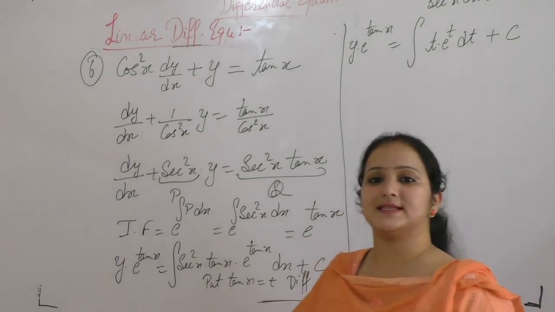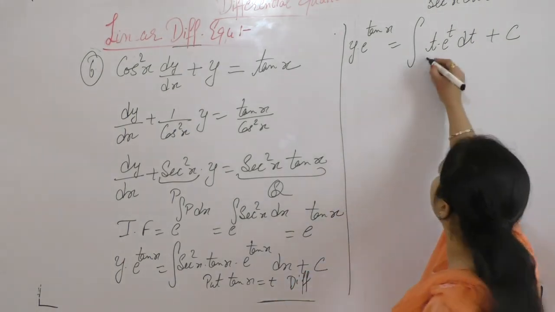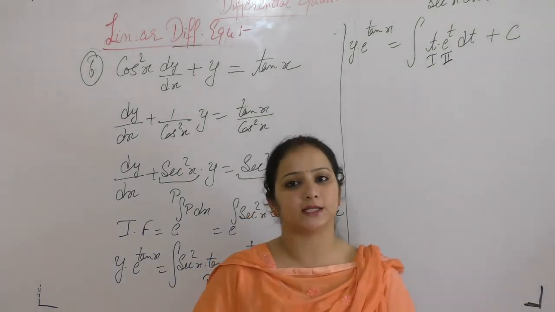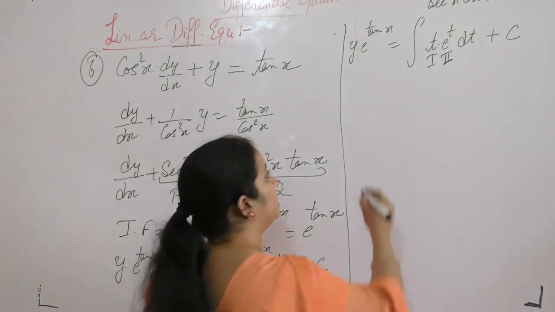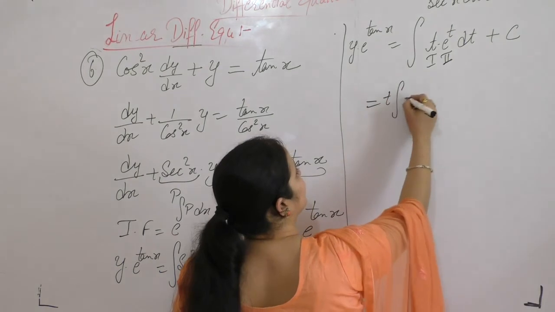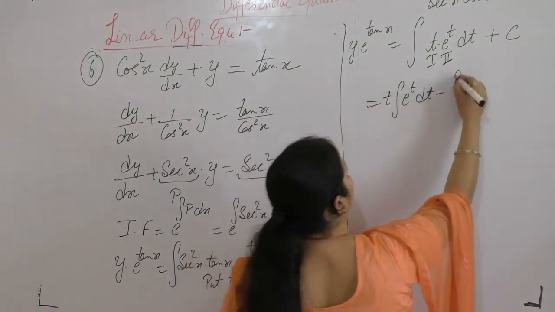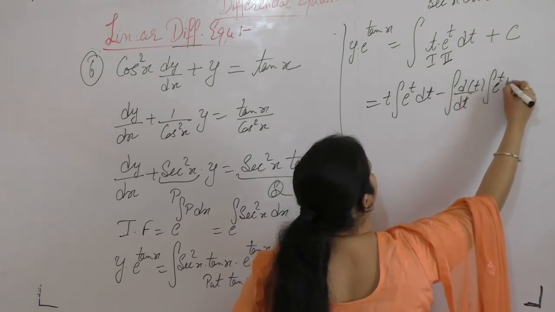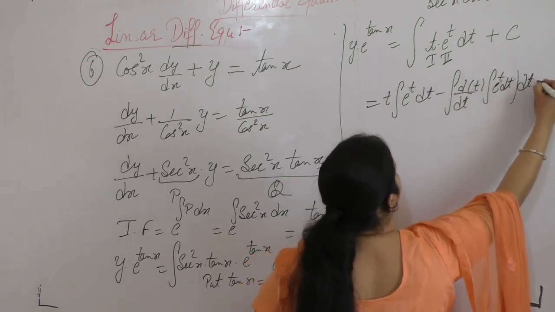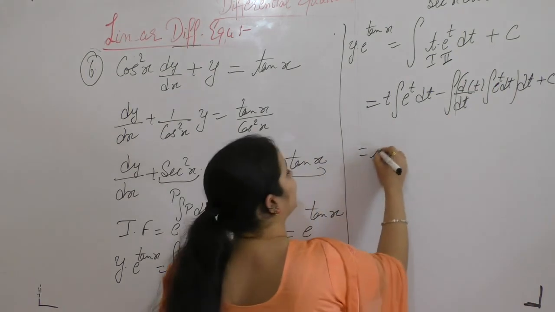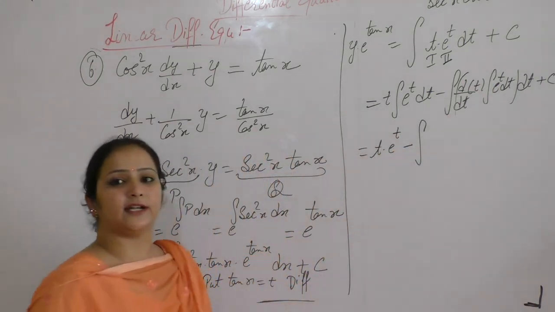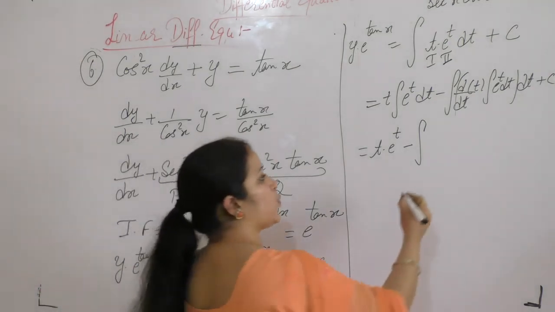We will solve this integral by using integration by parts, taking algebraic as first function and exponential function as second. First function as it is, integral of second minus integral of derivative of first, integral of second, plus c. Integral of e power t is e power t. Derivative of t with respect to t is 1.